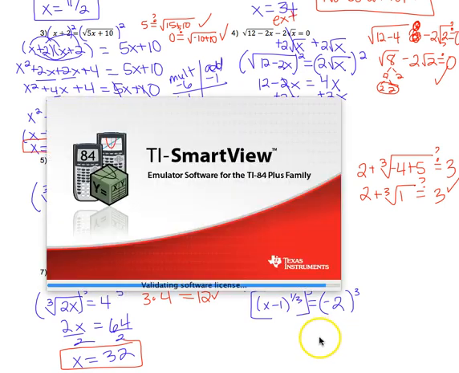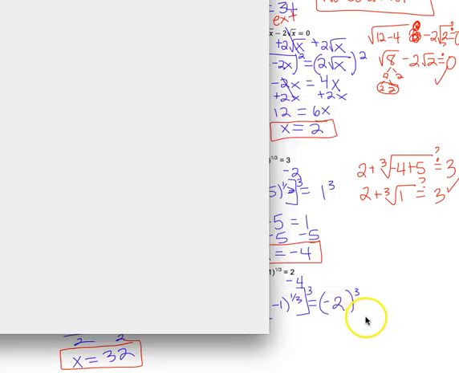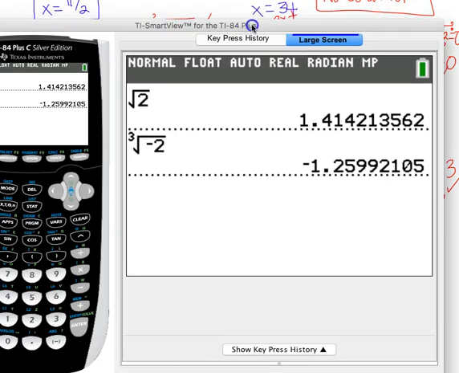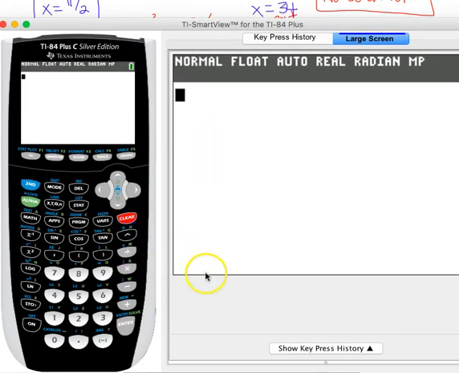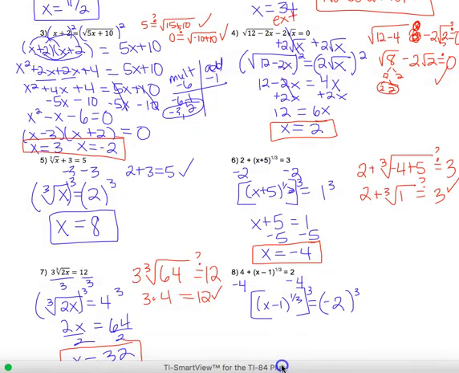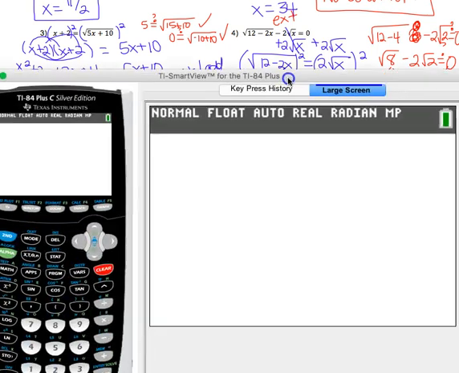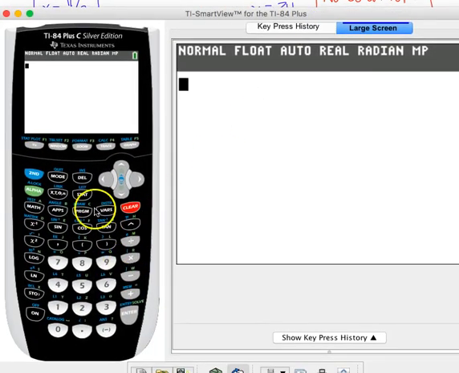And I'm just going to illustrate that here in a second for you as well, just to remind you what ends up happening. So here, if I do -2 to the third power, and actually I'm going to illustrate it with a squared, because my squared button is quicker.